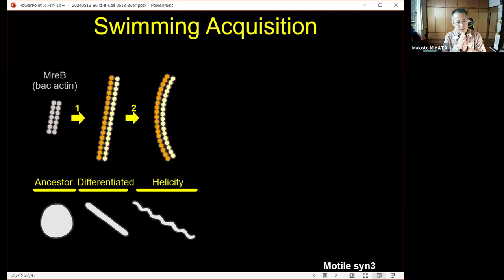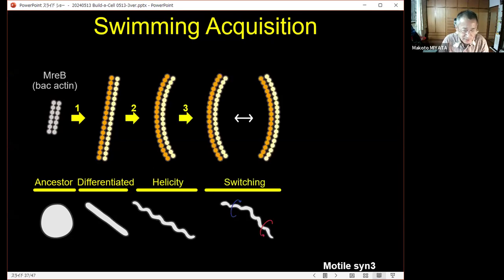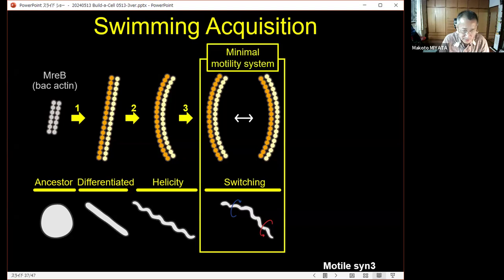The interaction between the two proteins may have some cooperativity, so they can do a conformation change of the filament. Depending on ATP energy, the switching may cause a conformation change, switching of the helicity. So they give some motility.